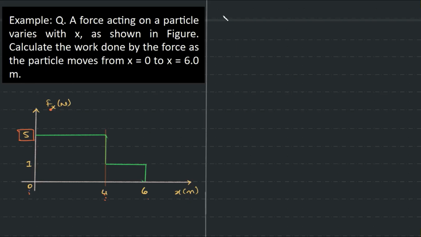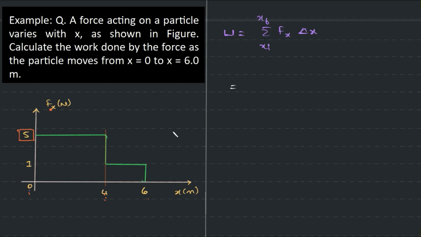Here we are looking at step scenarios. We have steps. Work is equal to summation of F delta x, where we are looking at xi to xf.